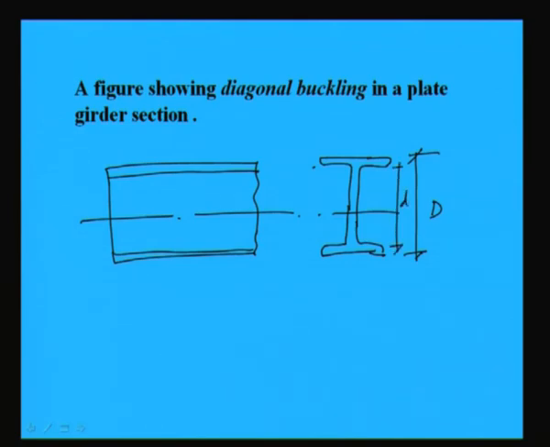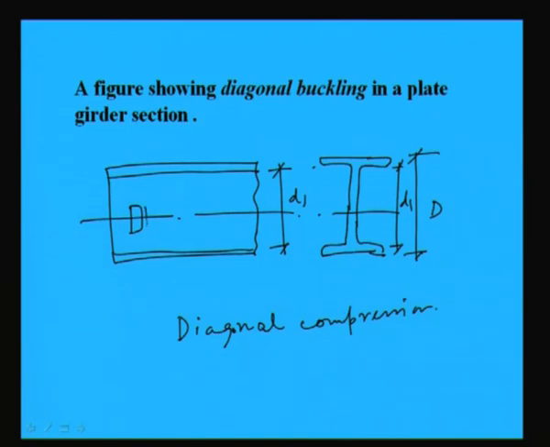This distance is called D1, and this will act as a diagonal compression, right.